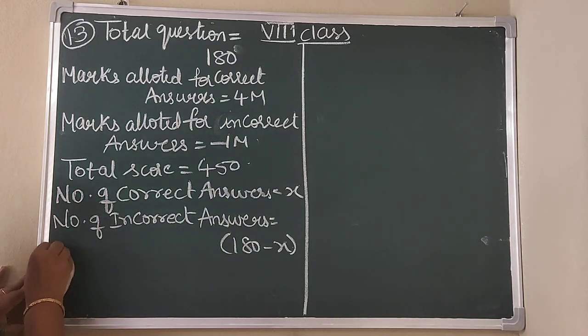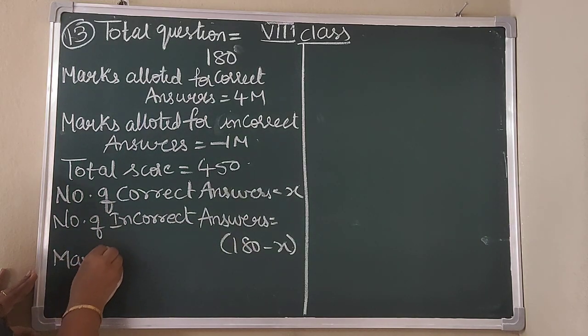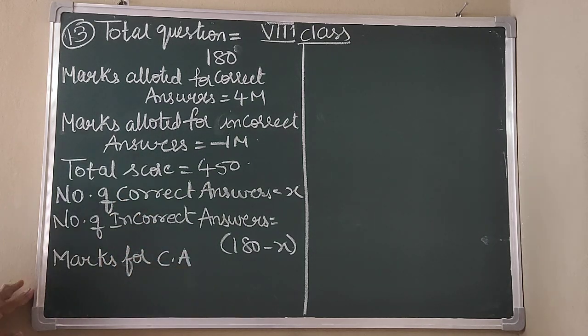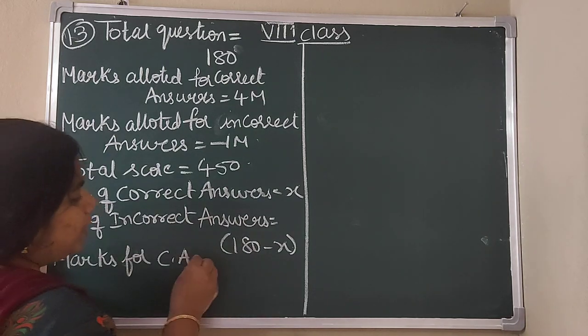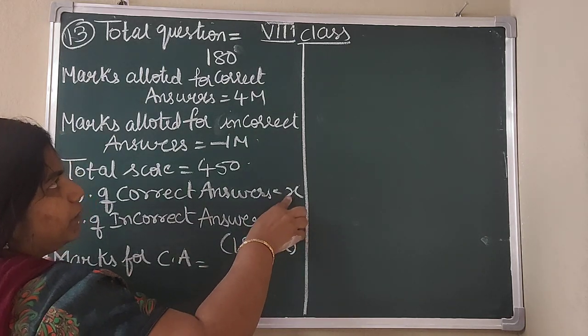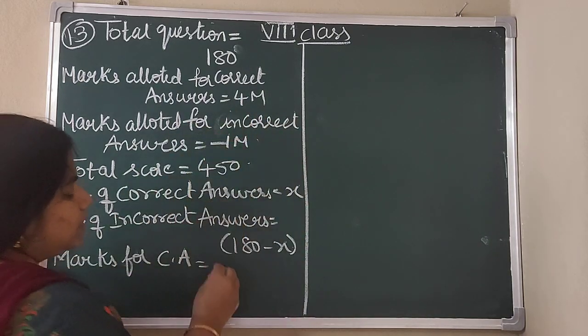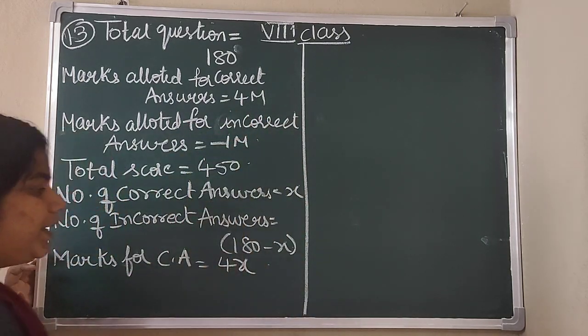That means marks for correct answers, CA is nothing but correct answers. Number of correct answers is x. For every correct answer they are giving 4 marks, so for x correct answers that will be 4x marks.